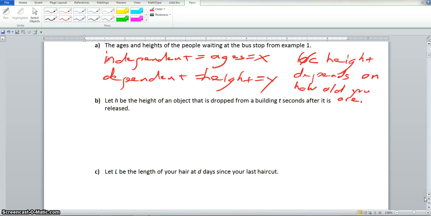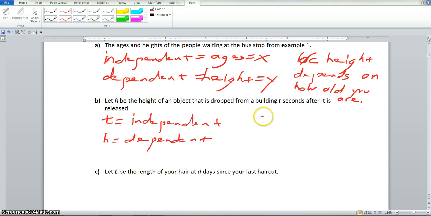Okay, now we go to B. Let h be the height of an object that is dropped from a building t seconds after it is released. So we would have t is independent, because t represents time, and the height is dependent.